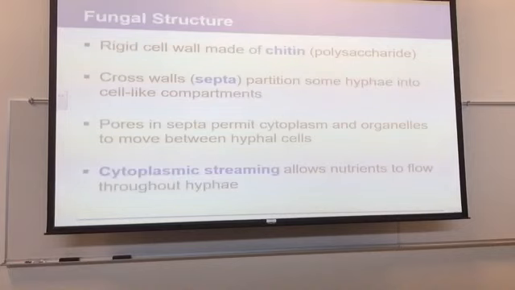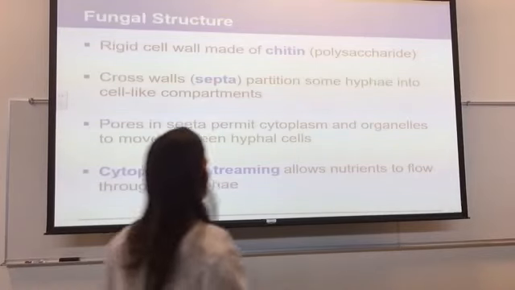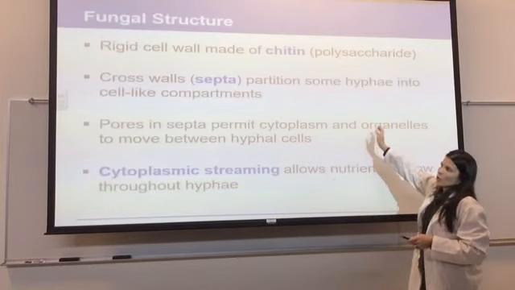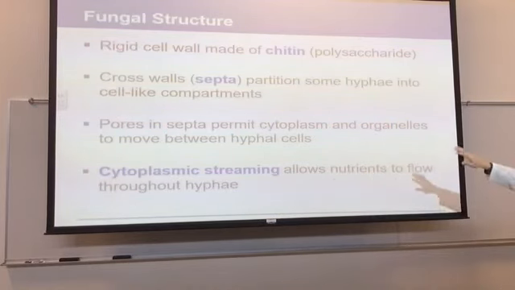It uses the word septa there. So septa is just a wall. It uses the term partition to describe it. So these are just walls that are present in some hyphae. And I showed you a moment ago, just in some. There are some that do not have walls. Okay, so that gives them cell-like compartments.